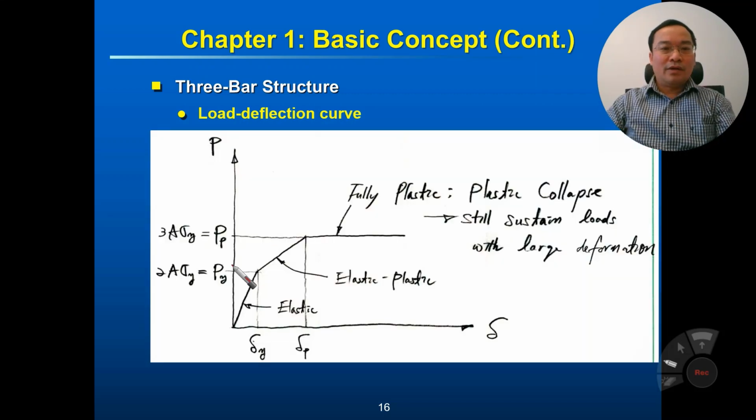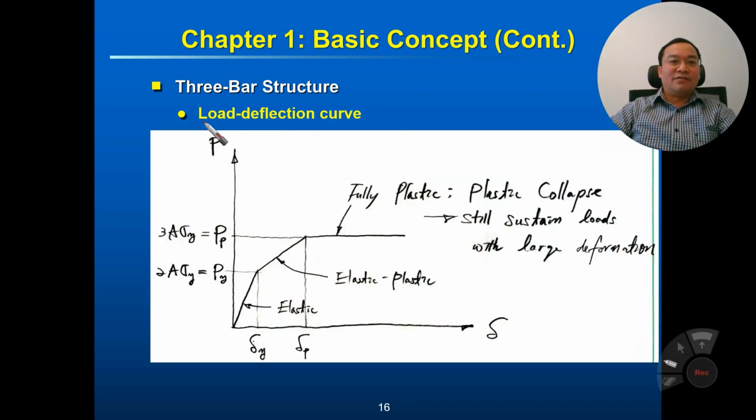And now we have the load deflection curve. As the first phase, we have elastic, and this point is the elastic limit. The load is Py equal to 2 times A sigma Y, and the deflection is delta Y. From here to here is the elastic plastic phase, and this point corresponds to the fully plastic point.